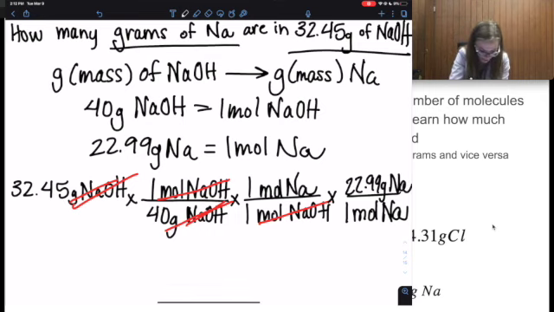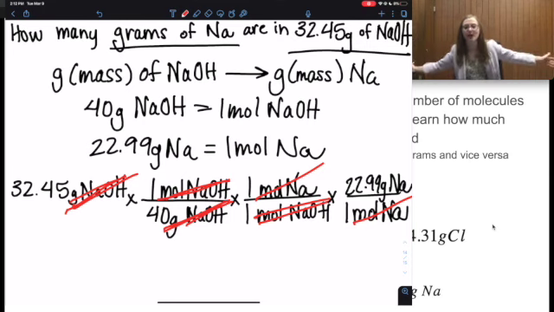Let's triple check our units one more time. Grams of sodium hydroxide cancel out. Moles of NaOH cancel. Moles of Na cancel out. We're left with grams of sodium, and that's what we're looking for.